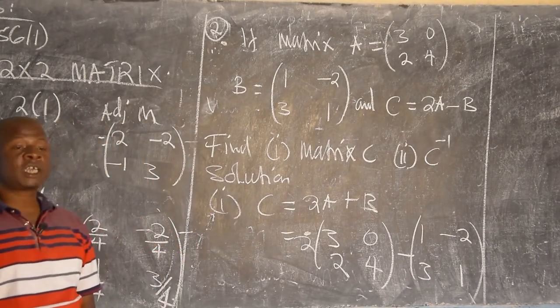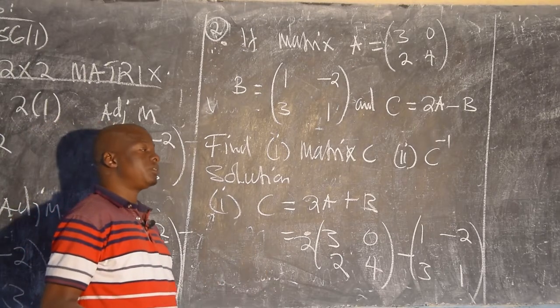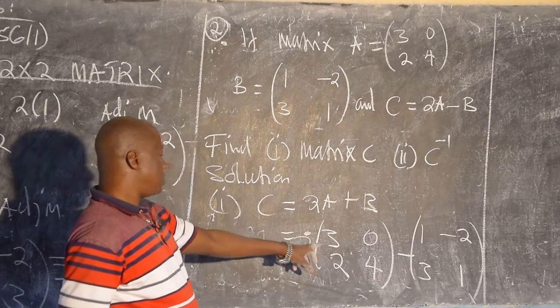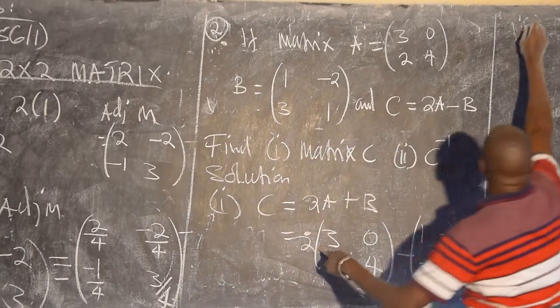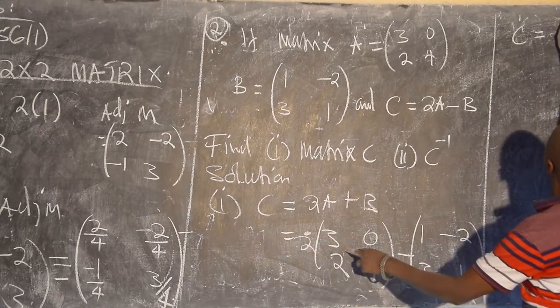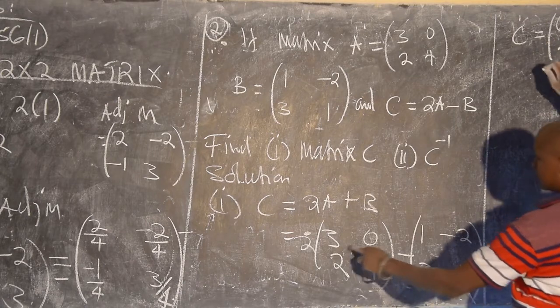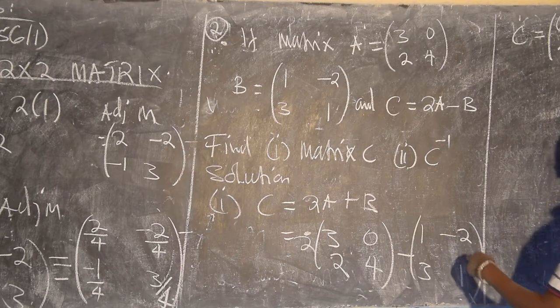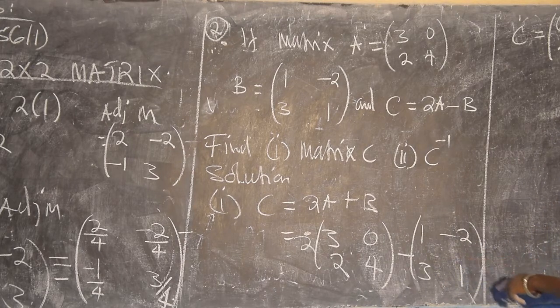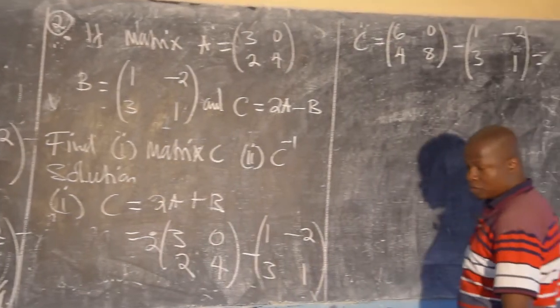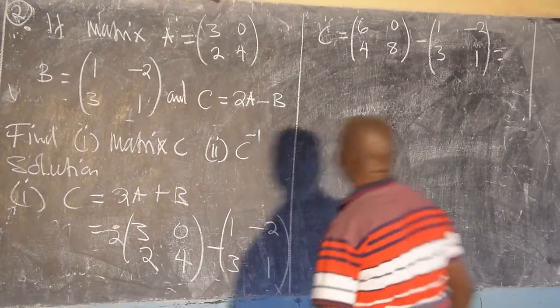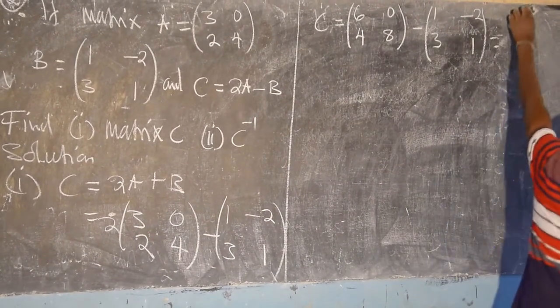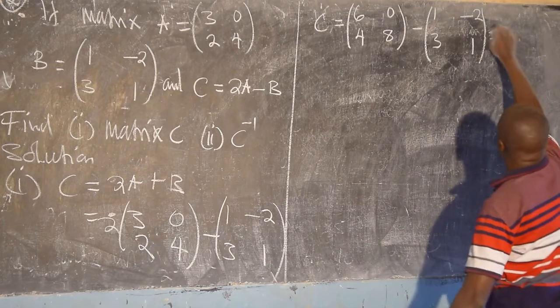It affects each and every element within the given bracket. By multiplication, we have C as 6, 4, 0, 8, minus 1, 3, negative 2, 1. We subtract the corresponding elements.